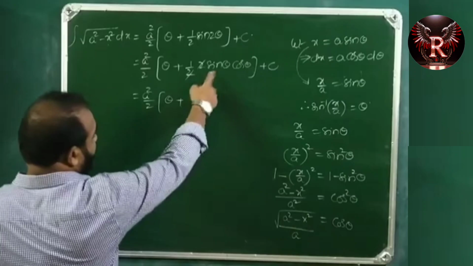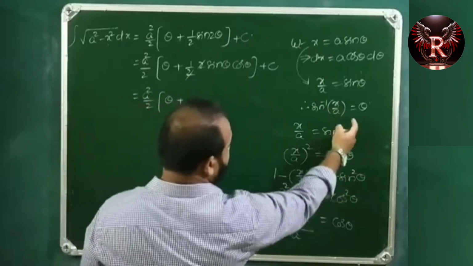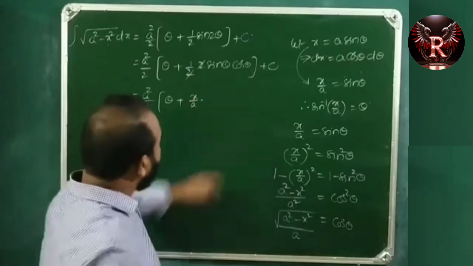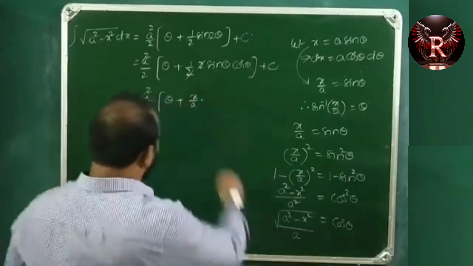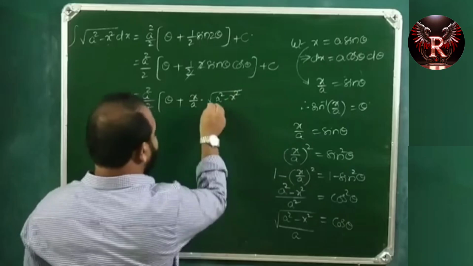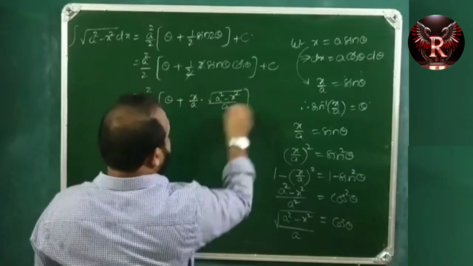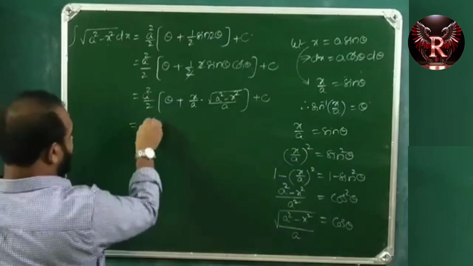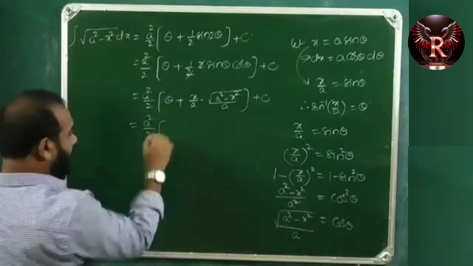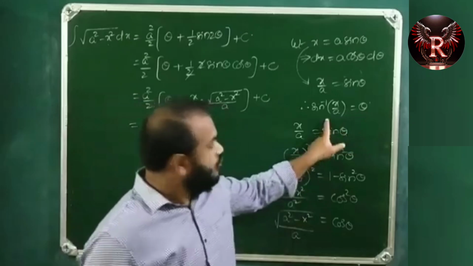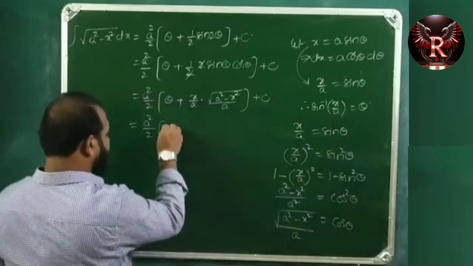Now in the place of sin theta, x by a, into, in the place of cos theta, root of a square minus x square by a, plus c. So this is equal to a square by 2. So theta is equal to how much? Sin inverse x by a.